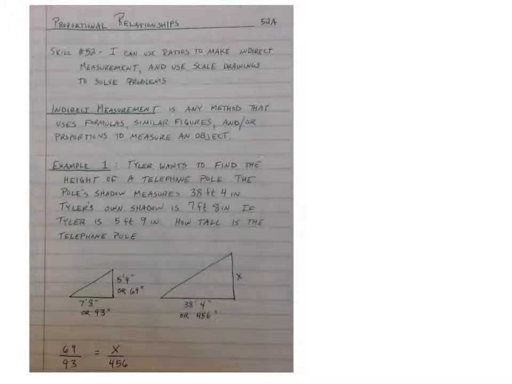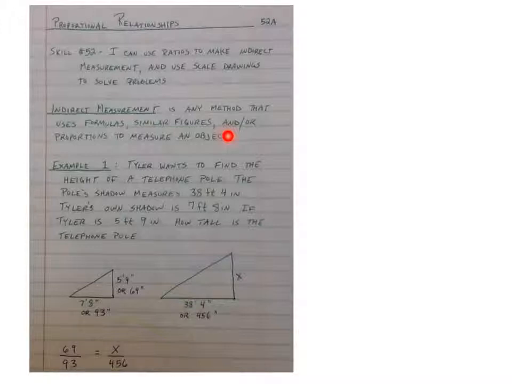So rather than slapping a ruler down against a building and measuring how tall a building is, you use some other method, and that's usually done with similar shapes or proportions or formulas. We're going to focus on looking at similar figures and using those similar figures and their proportions to measure the object. So here we got example 1.